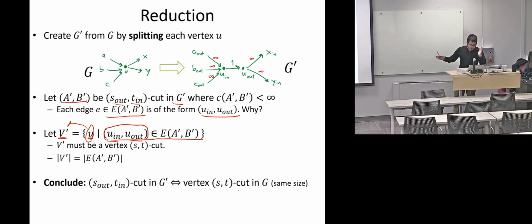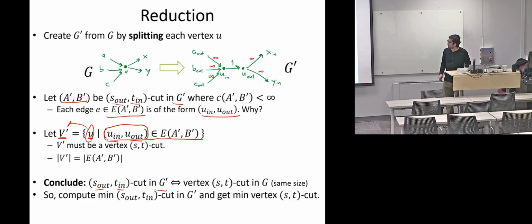So the idea is that any S out, T in cut in G prime really corresponds to a vertex ST cut in the original graph. So now it means that if you just compute min cut in G prime, then you get the vertex ST cut in G.